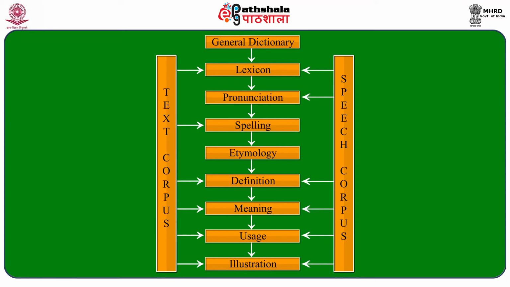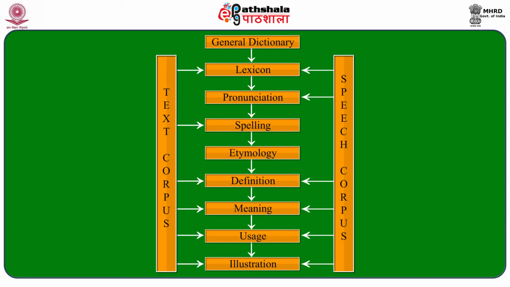So the text corpus gives the most suitable platform where we get the necessary data to furnish the spellings of the words. Regarding etymology, we don't have any source: neither the speech corpus nor the text corpus can help us in this. We can find some other sources where we can get the data.